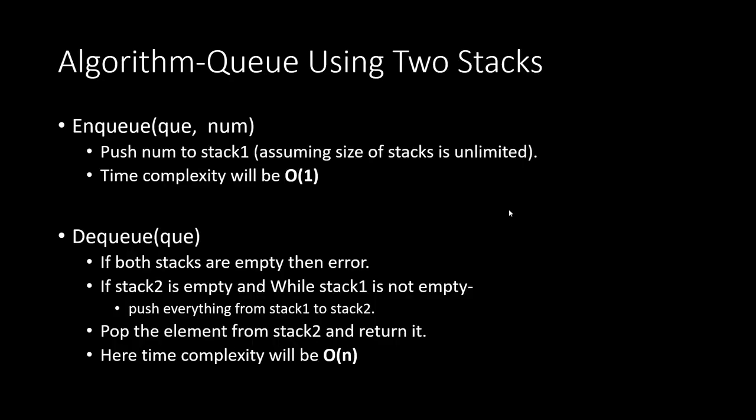So this is a quick algorithm for how this works. As you know, we are given two stacks and we are to implement the functionality of a queue. In the enqueue operation, suppose numbers are the input elements which we need to enqueue or insert in the queue, and queue is the object of that queue that we are given. How it will work is, for the enqueue operation we'll keep pushing. Since we have two stacks, we'll keep adding numbers, or inputs, to stack one.